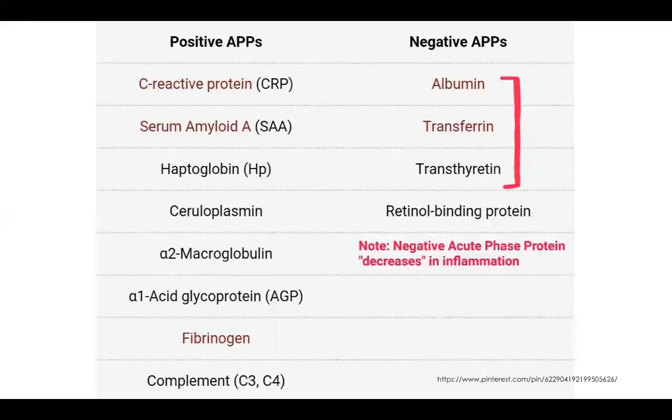So they have a lot of uses. And the reason that the negative ones are decreased is also important because, for albumin, for example, you don't want to use your amino acids to produce non-essential proteins when you're battling an infection. Instead, those amino acids go into making things like C-reactive protein and fibrinogen, stuff that you need.